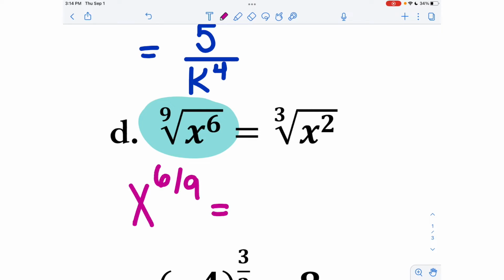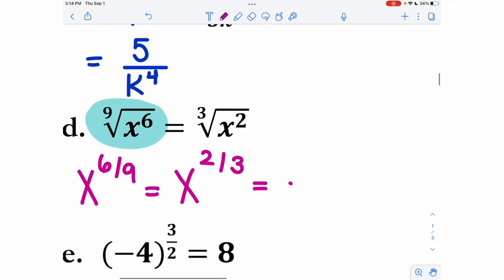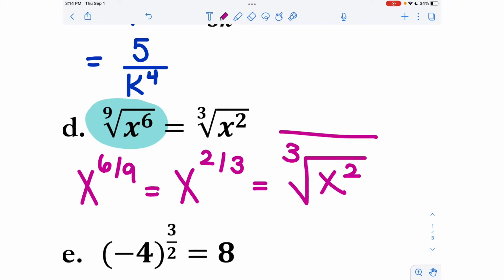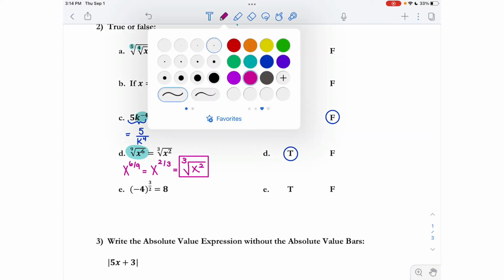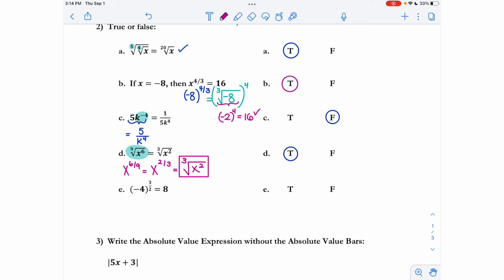And 6 over 9 reduces to 2 over 3. If I then take that and rewrite it as a radical, it is in fact equivalent to the cube root of x squared. So that one is tricky. It makes you use your brain a little bit, but I'm glad that we're going over it in this video.